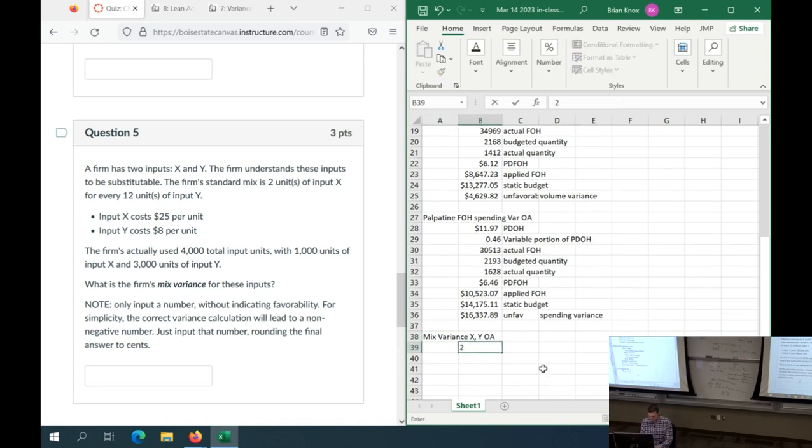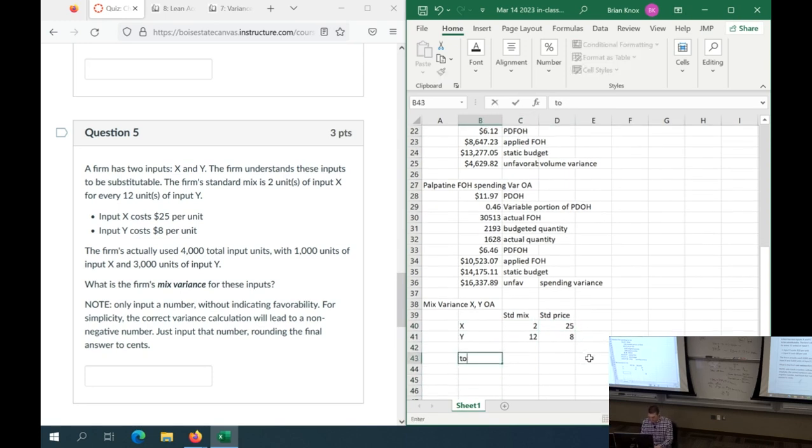So we have 2 X units per 12 Y units. And how do I want to build this table? I want to build it differently. $25 for X and $8 for Y. Okay, now we have total actual units.